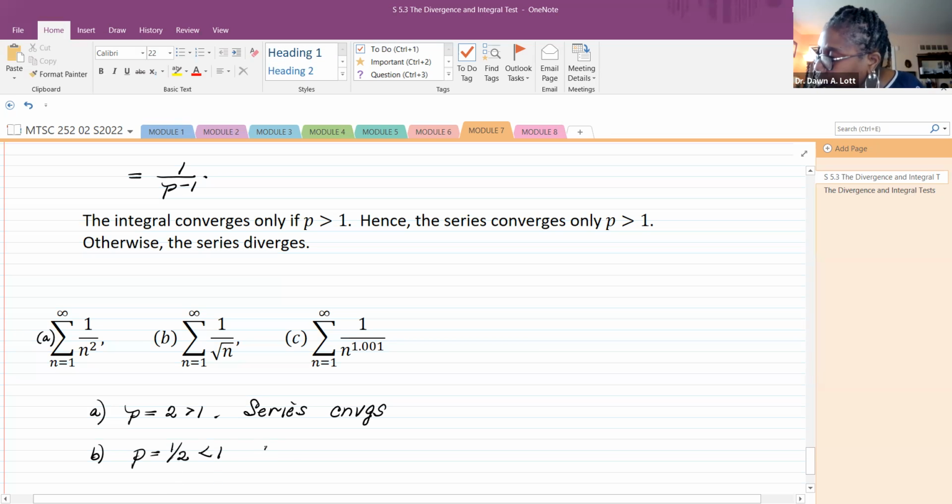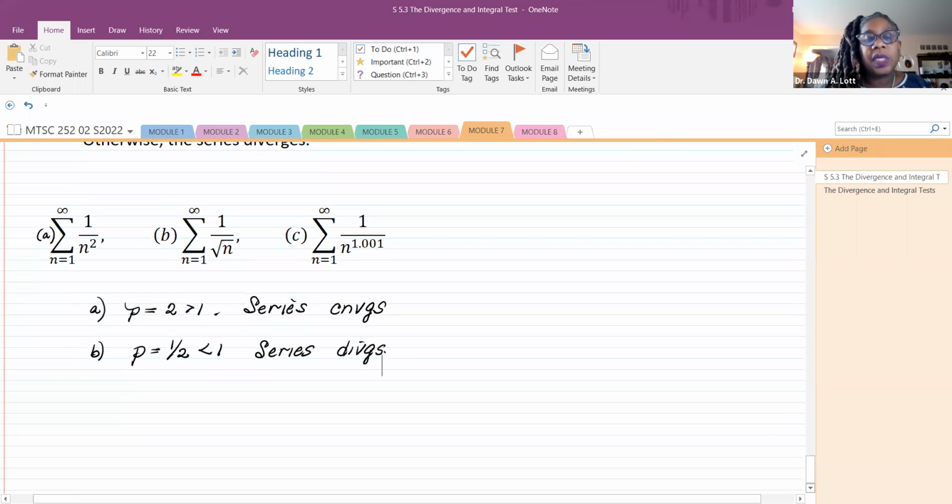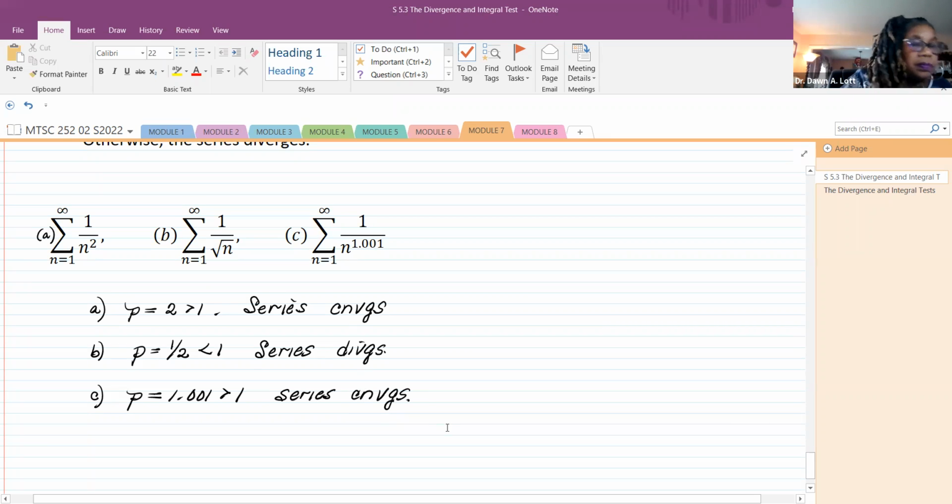That's less than 1, so that series diverges. And I know it seemed weird, but it was important to get one on the edge. p is equal to 1.001. It is still greater than 1, so that series converges. Okay, any questions?